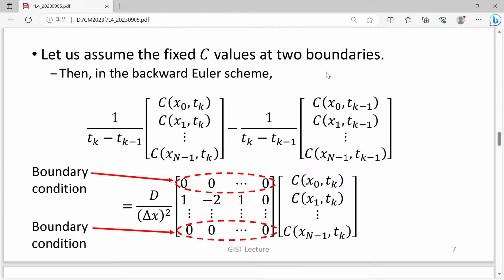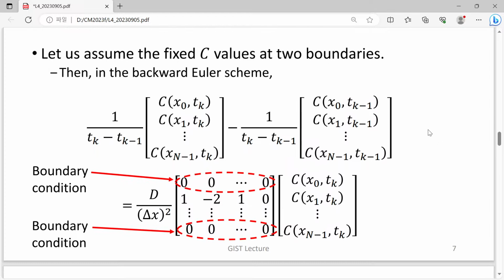So I will just put it here. Now you can read it. This is nothing but the partial derivative of c over the partial derivative of t evaluated at timestamp t sub k. Of course, this is under the assumption of the backward Euler scheme. So we are using the backward Euler scheme.